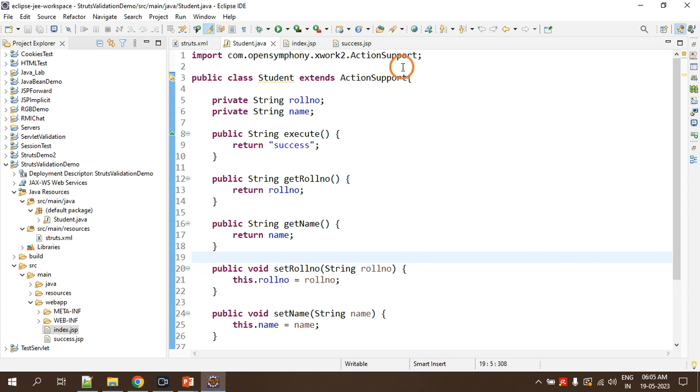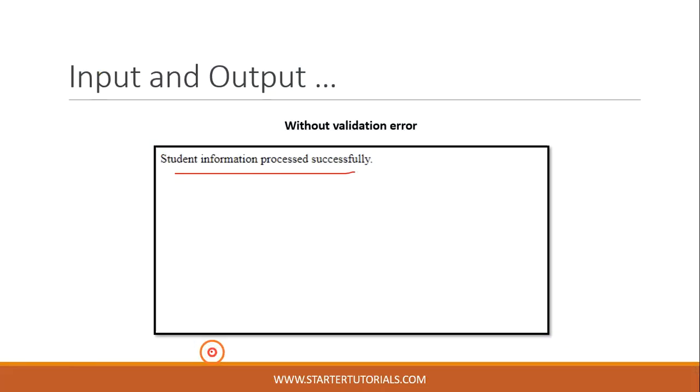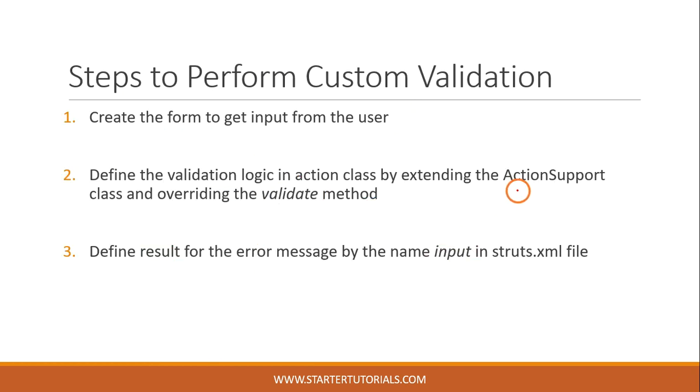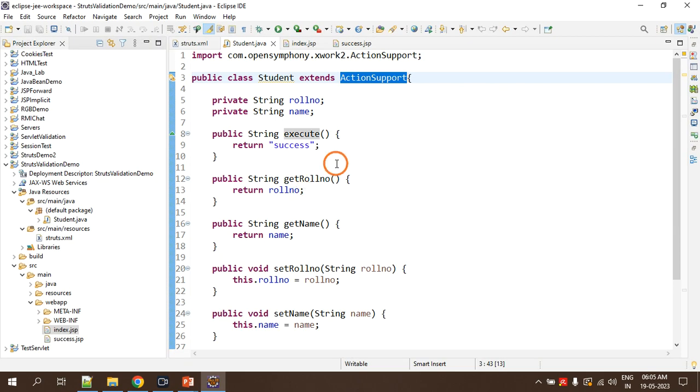Here the main thing is that our class extends the predefined class ActionSupport. As per the steps I have mentioned in the video, the class should extend the predefined class ActionSupport, and there is a method called validate.